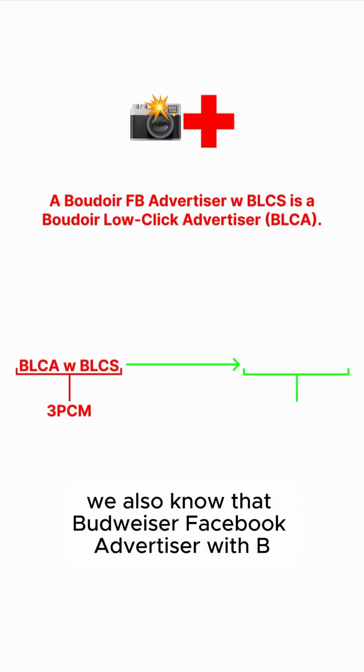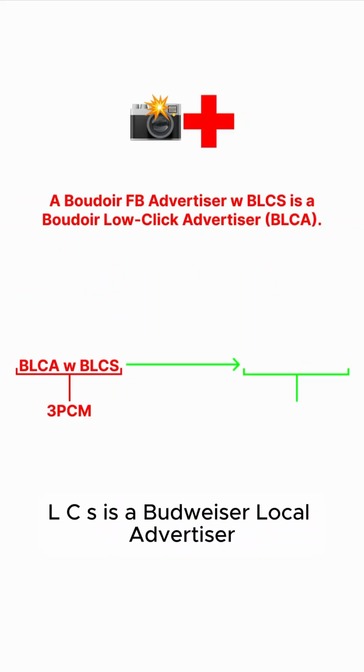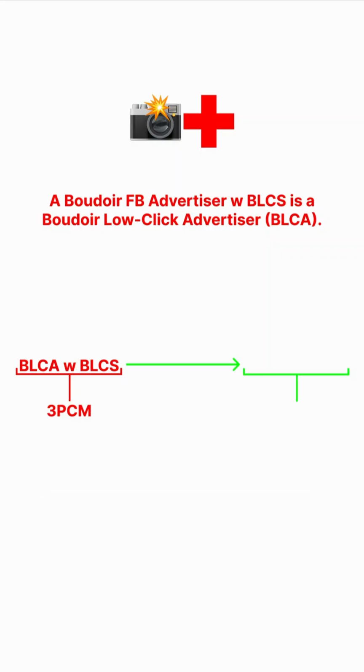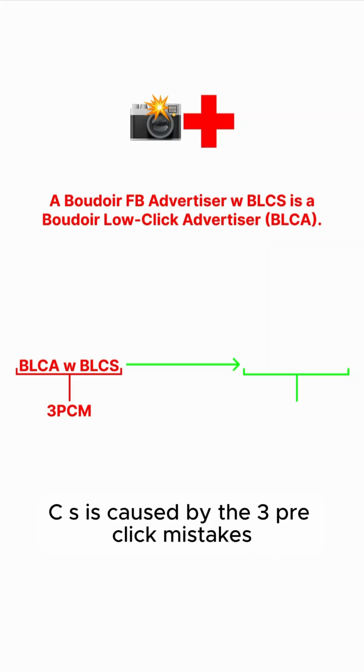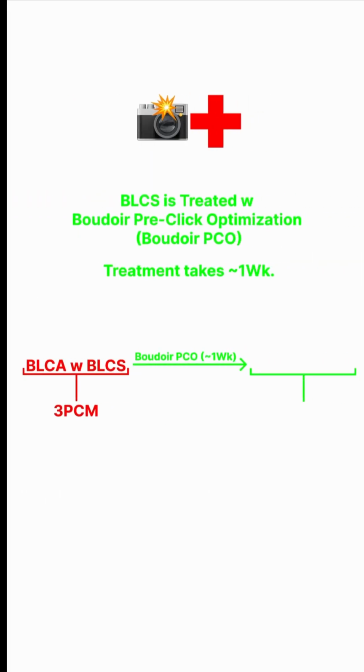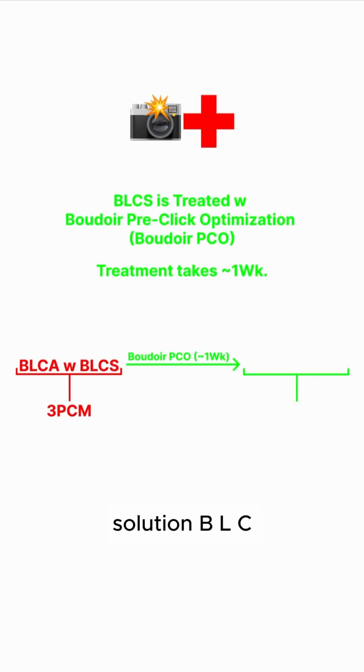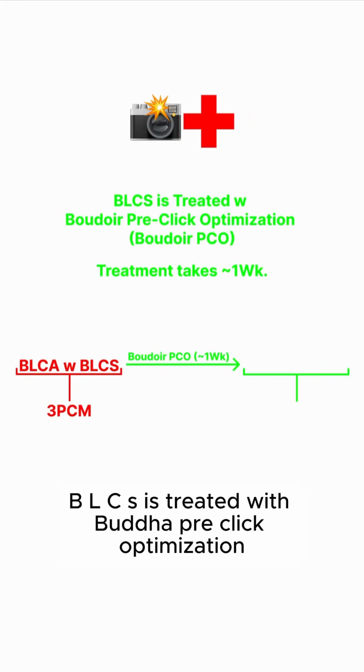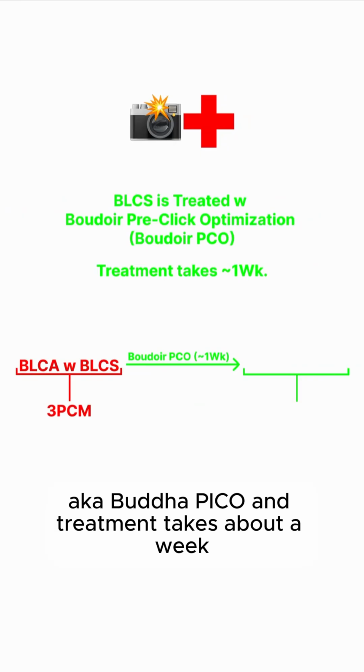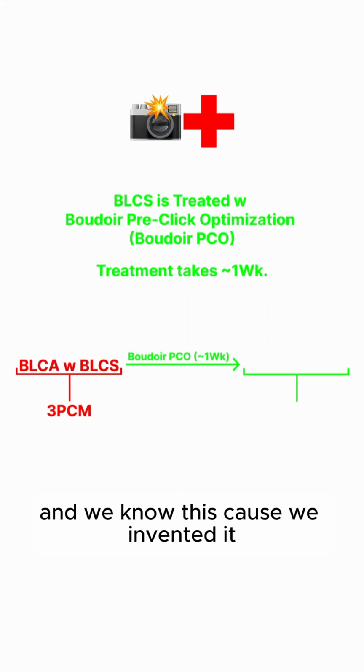We also know that a Boudoir Facebook advertiser with BLCS is a Boudoir low click advertiser, a BLCA. So, building our universe here, a BLCA with BLCS is caused by the 3 pre-click mistakes. Solution: BLCS is treated with Boudoir pre-click optimization, aka Boudoir Pico, and treatment takes about a week. We know this because we invented it.